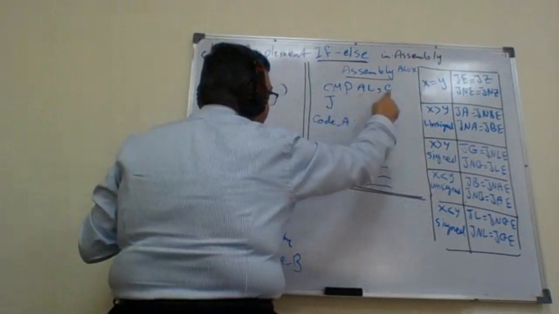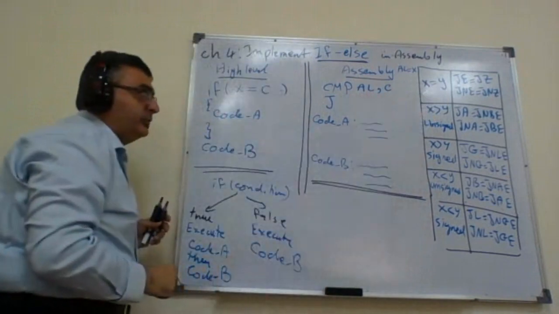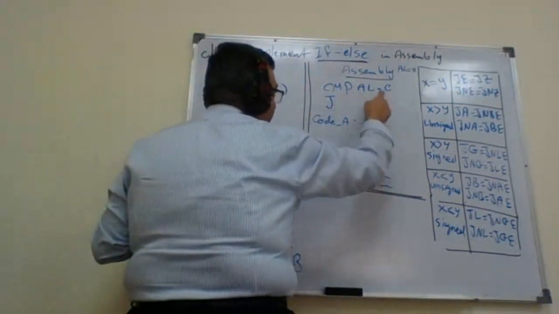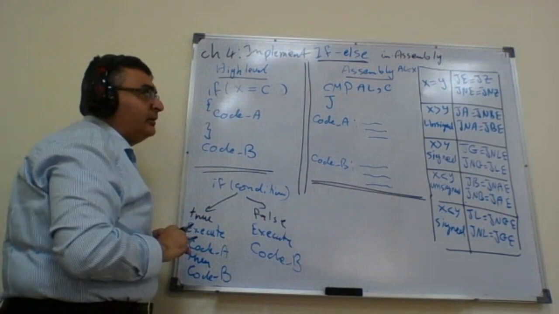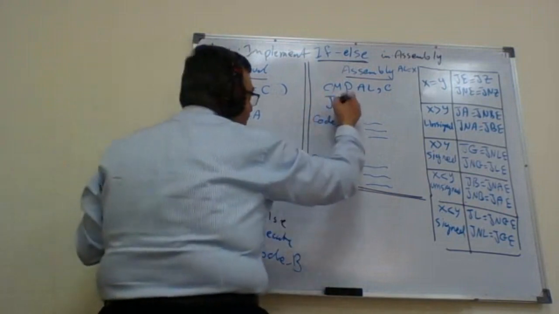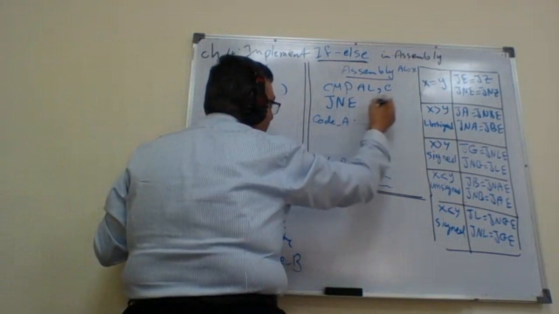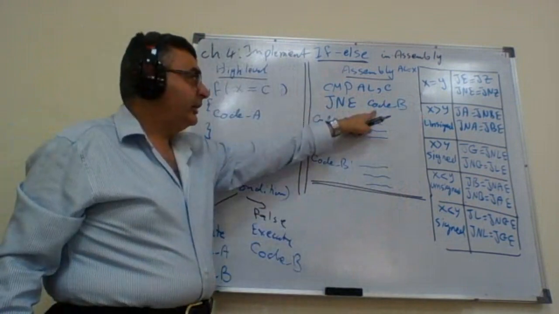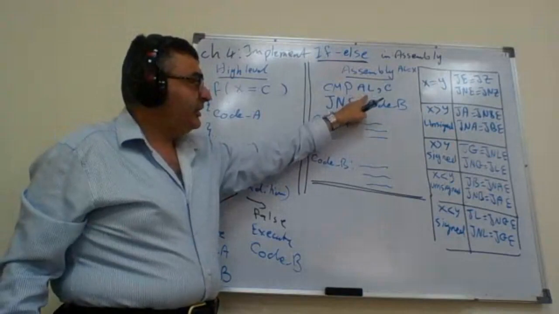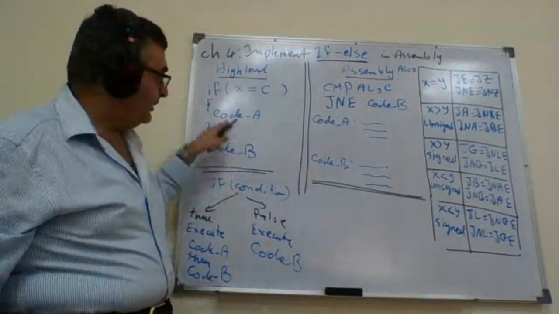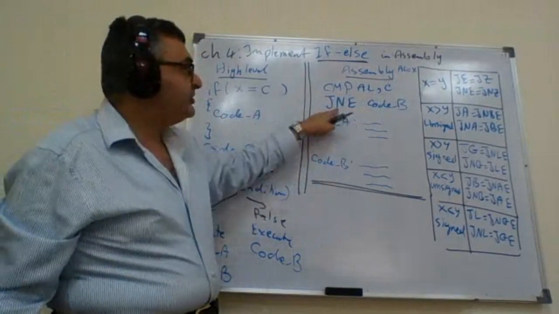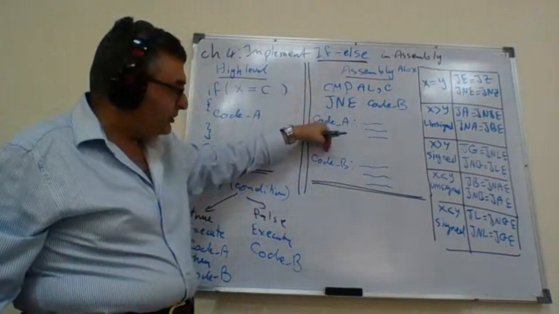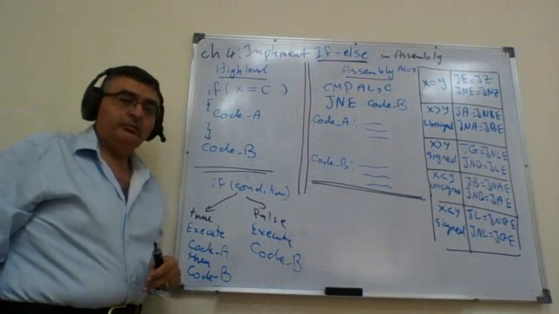If AL does not equal C, I want to jump. So I use jump if not equal to code B. If they are equal, the jump will not be executed and the code will continue, so code for A will be executed, followed by the code for B.